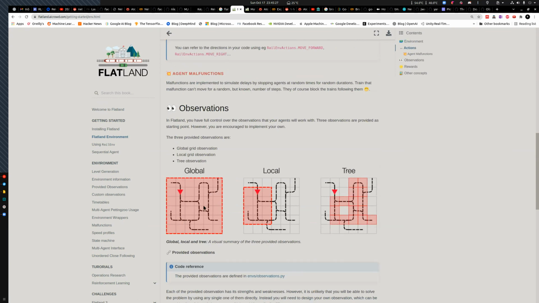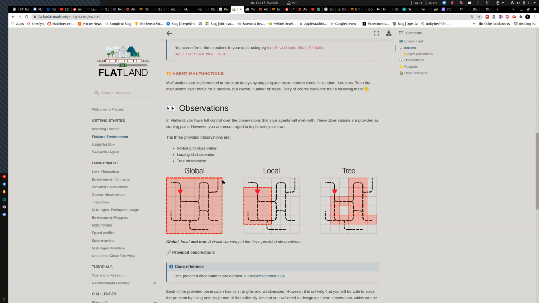Global is since we are using multi-agents, so for a global agent to view all the other agents or all the other routes and paths is difficult because the amount of memory that it consumes per agent is large.